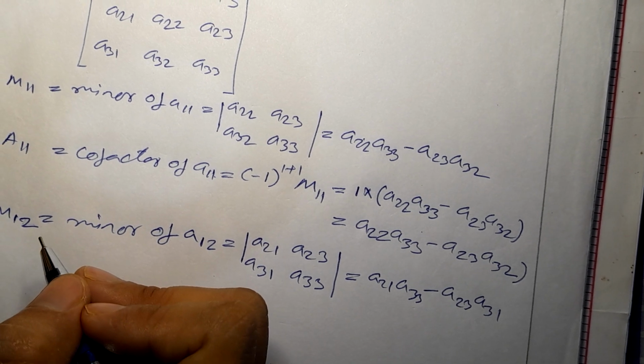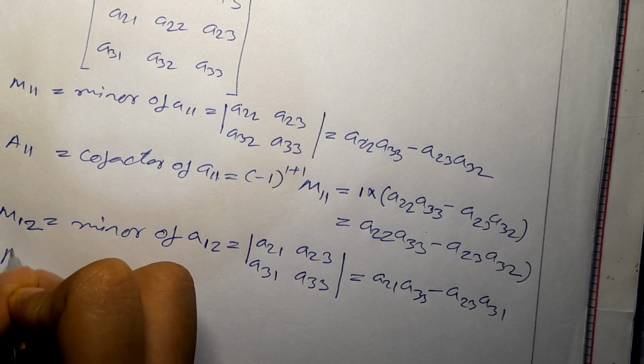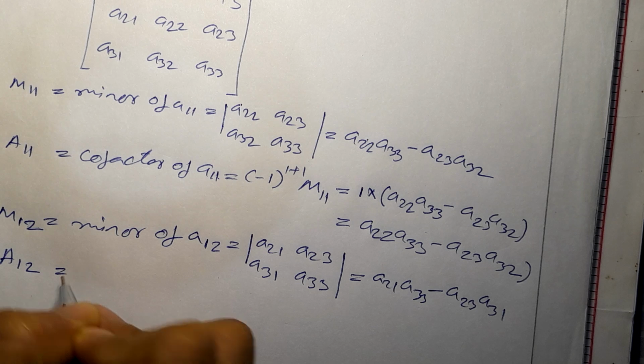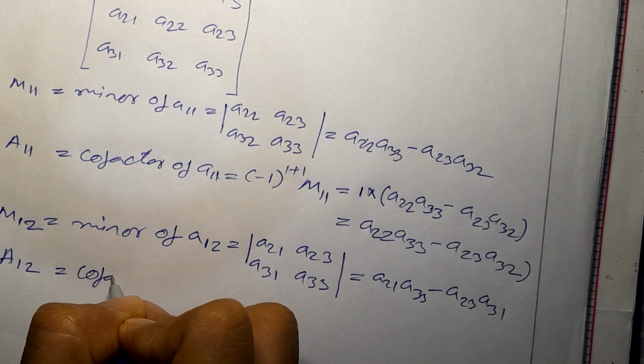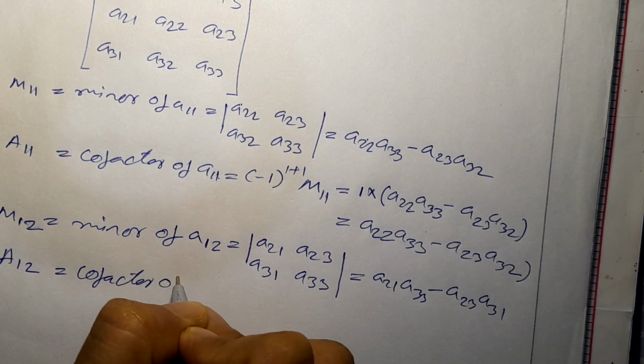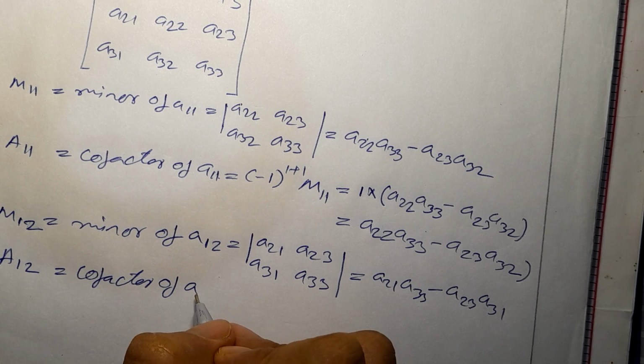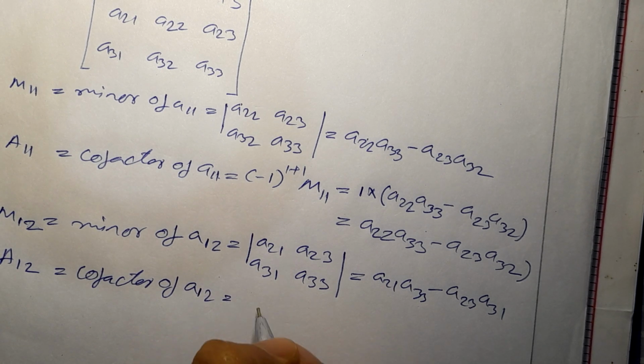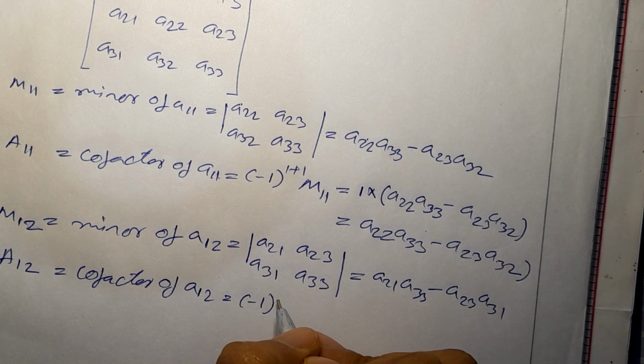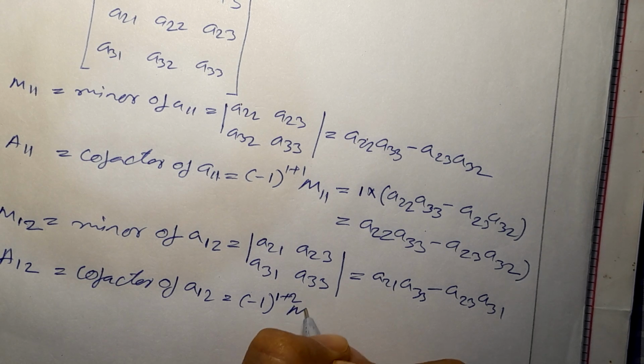The cofactor is represented by capital A. The cofactor of a12 is minus 1 power 1 plus 2, times m12.